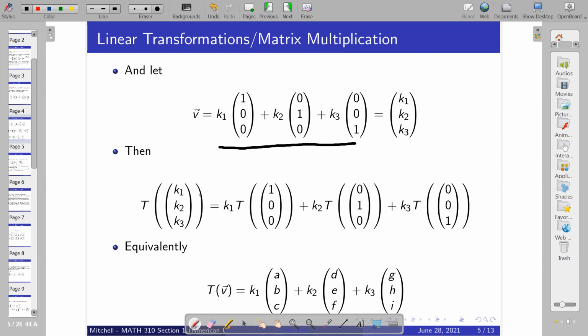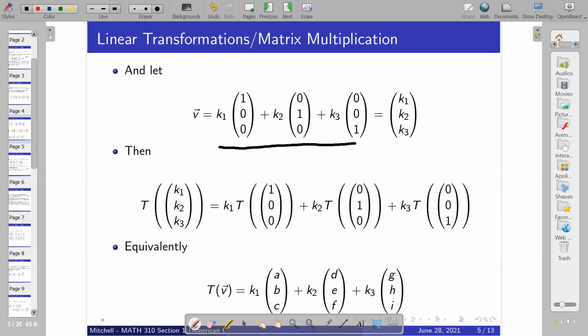And we've already decided, at least in an abstract sense, what T evaluated on the basis vectors looks like. We've given these vectors names. T of (1, 0, 0) we're calling the column vector ABC. T of (0, 1, 0) we're calling the column vector DEF. T of (0, 0, 1) we're calling the column vector GHI. So this is what T of v actually is: a linear combination of the values that T takes on when you plug in the basis vectors.